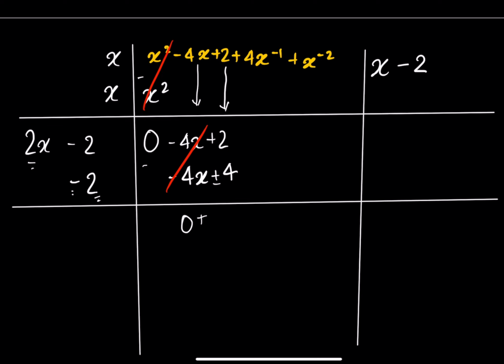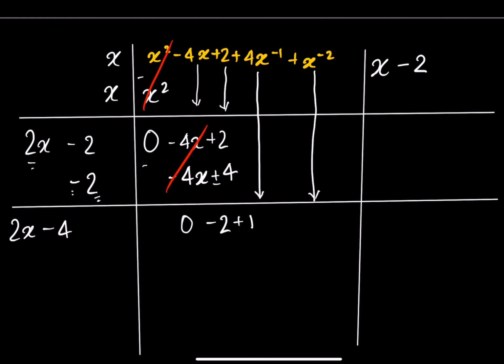And 2 minus 4 gives us negative 2. So we are left with a negative 2, and we're going to fix this side. So what's negative 2 plus negative 2? Well, it's negative 4.